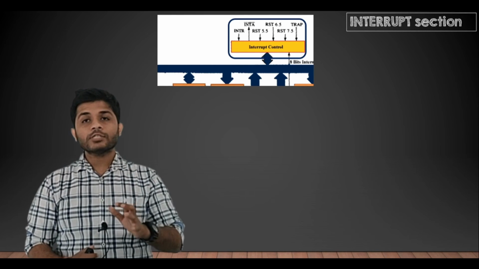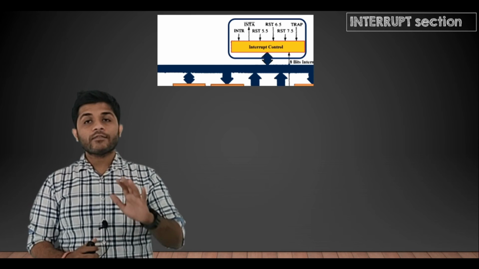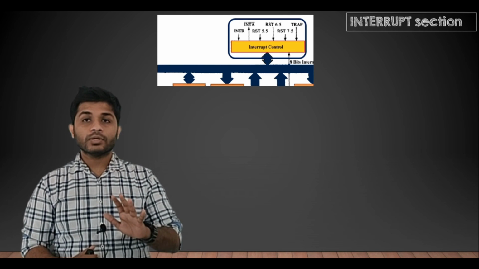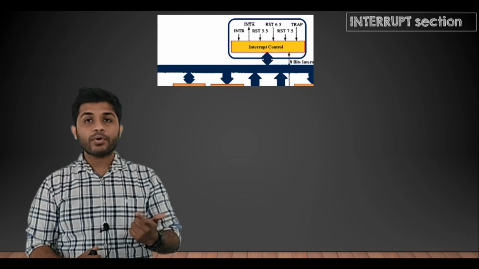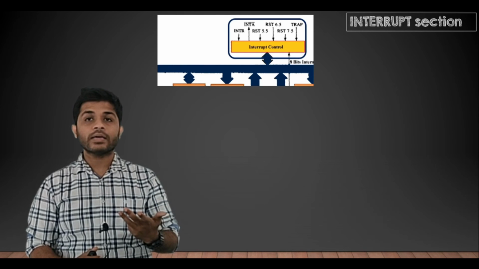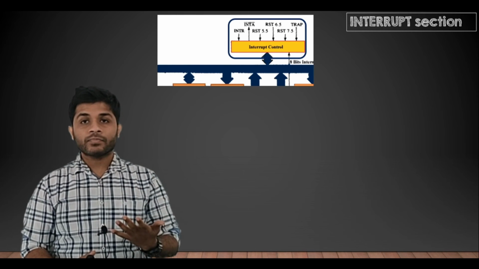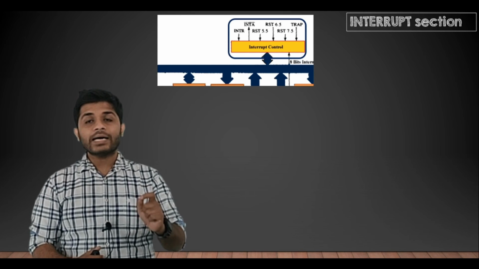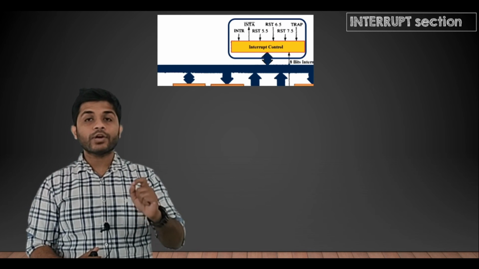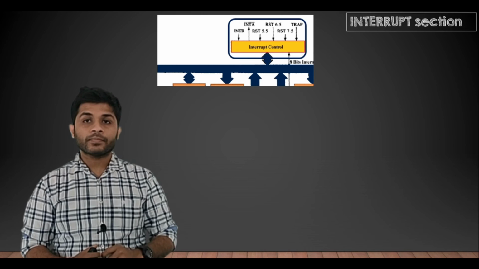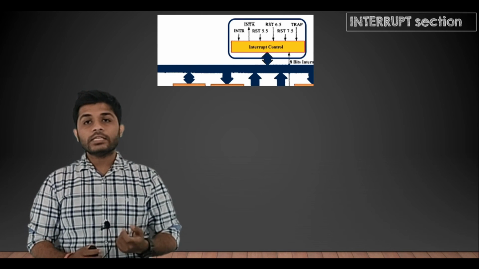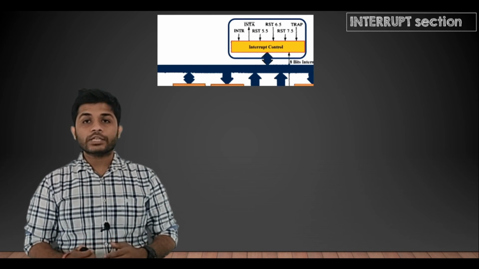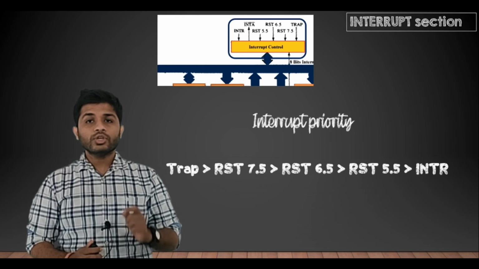So in the microprocessor 8085 there are 5 hardware interrupts, which are TRAP, RST 5.5, 6.5, 7.5 and INTR. The last pin is INTA bar, and it is for interrupt acknowledgement. Now let's see the priority of these interrupts.